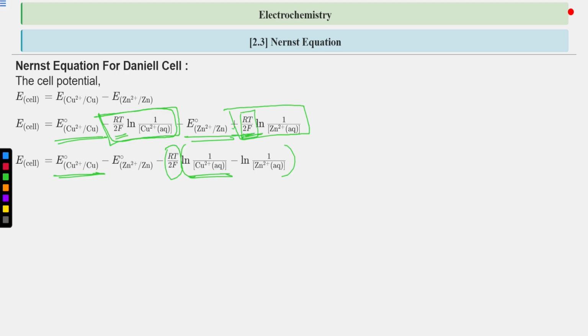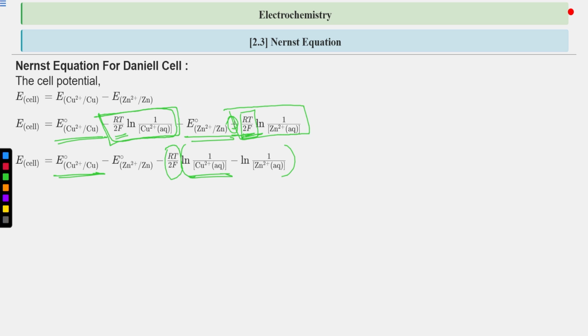So we have to put one negative so that when you open this bracket, it will become the same. This term will become negative, and this term after the minus minus multiplication will become positive. So here the remaining will be minus of ln 1 upon zinc 2 plus concentration. Now this is the simplification.